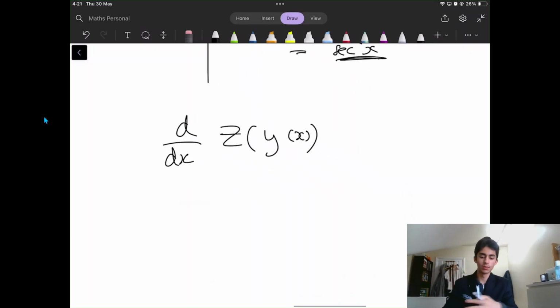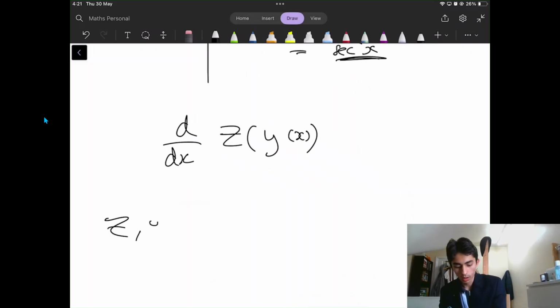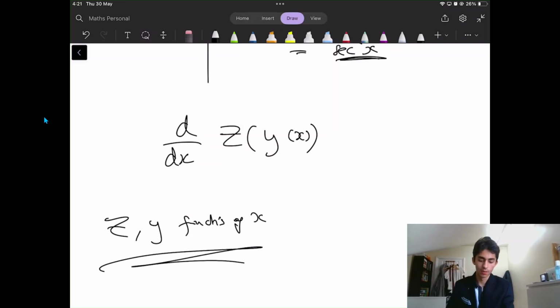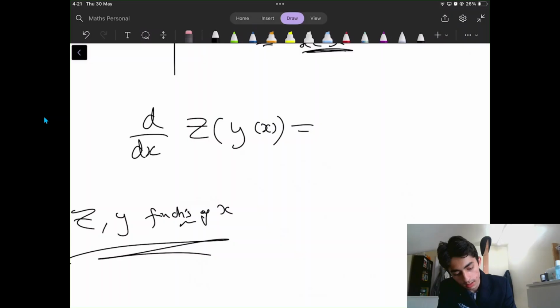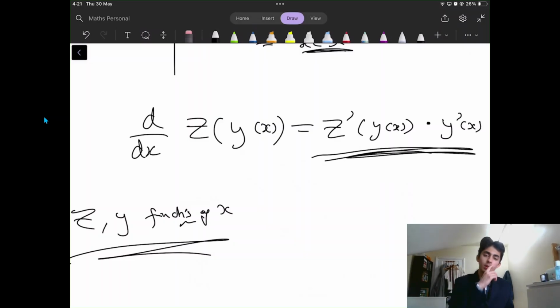The derivative of z of y of x, where z and y are functions of x, I said, is z prime of y of x multiplied by y prime of x. That is the chain rule, okay?